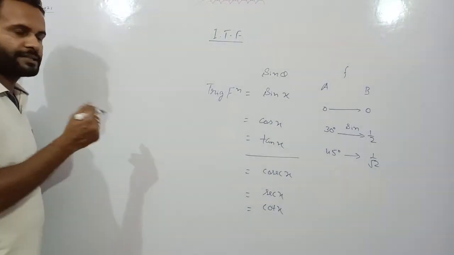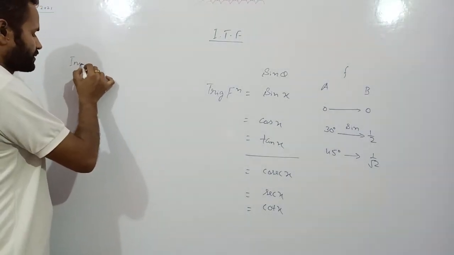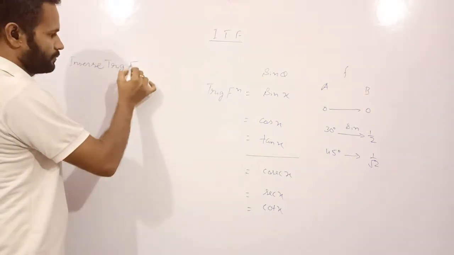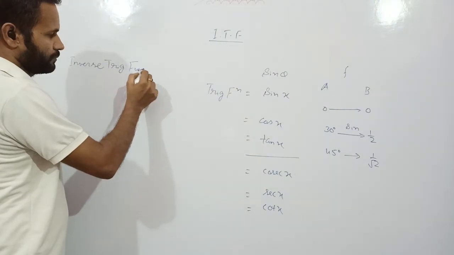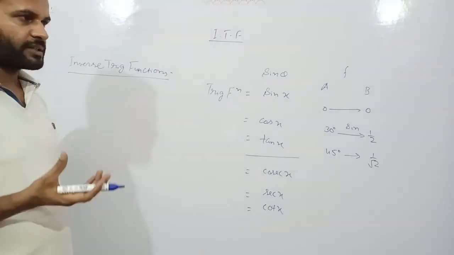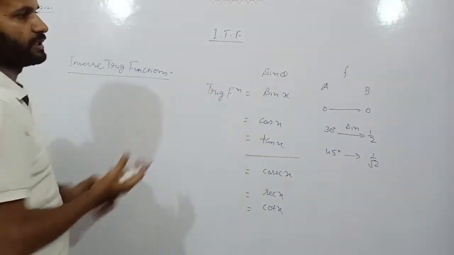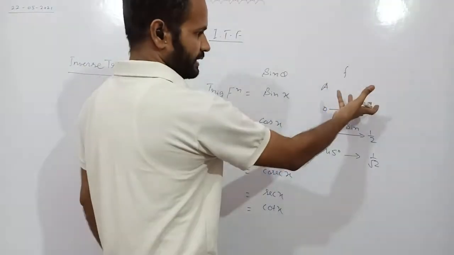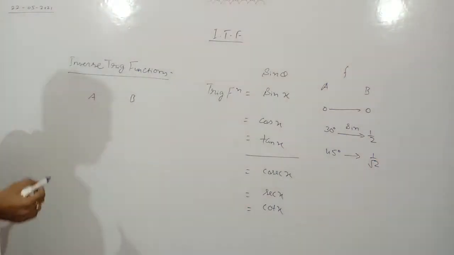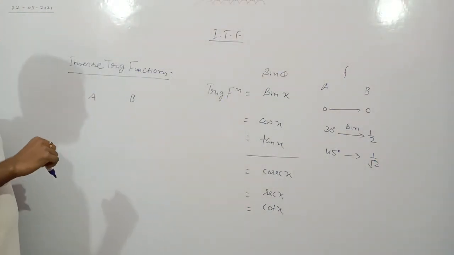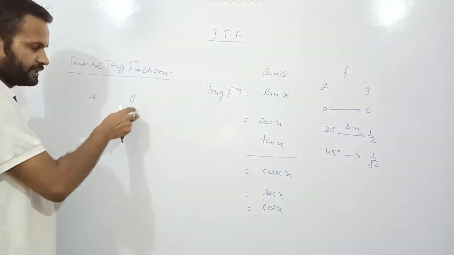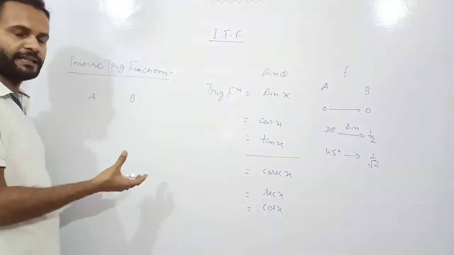Now let us understand what are inverse trigonometric functions. To understand inverse trigonometric function, change this sequence means inverse this arrangement. In place of A, we will take values of B, and in place of B, we will take values of A. Means in A there will be ratios, and B there will be angles in degrees.